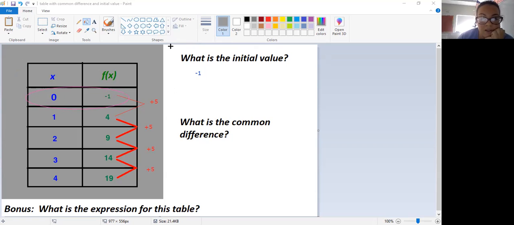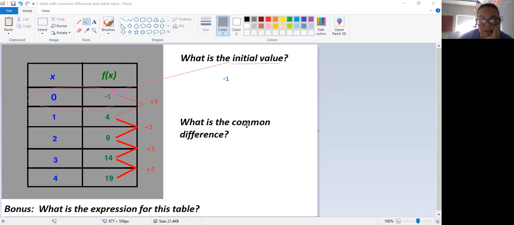My initial value was this number, this negative 1. So where does the pattern start? At negative 1 when the input is 0. Then it counts by 5, by 5, by 5, by 5, by 5 extension.